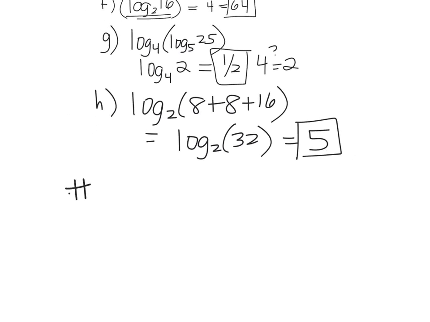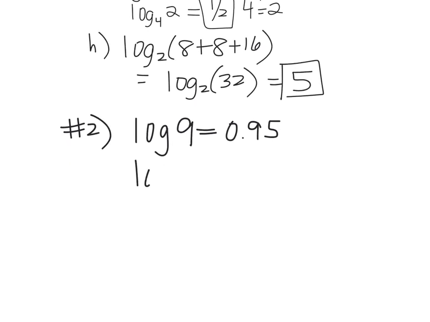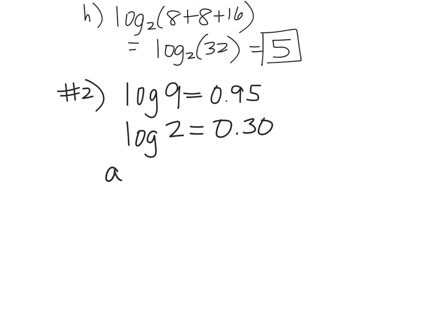Okay, let's try this one now. Number 2. Suppose I'm given that the log of 9, rounded to 2 decimal places, is 0.95. And I'm also told that the log of 2 is equal to 0.30, rounded to 2 decimal places. And then they say to evaluate the log of 9/2.